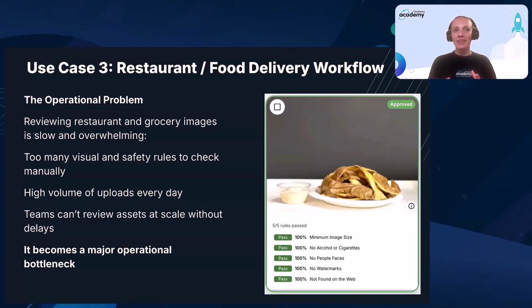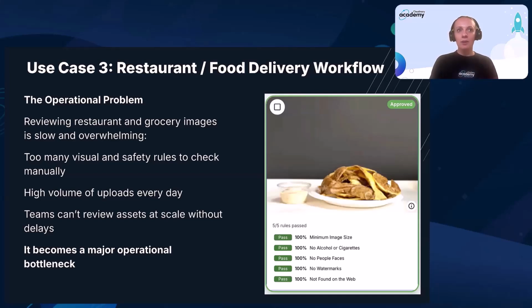So the quality and the way these assets can be displayed on the website really varies. If you receive hundreds or thousands of images from different stores and restaurants with different levels of quality, this can become a major operational bottleneck for the teams to review them and show them on the website or in the application in the correct way.